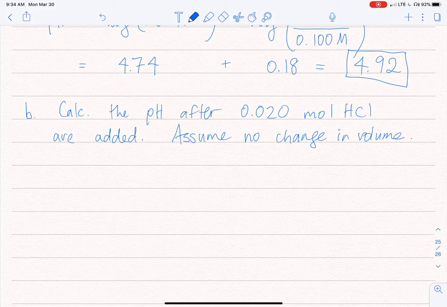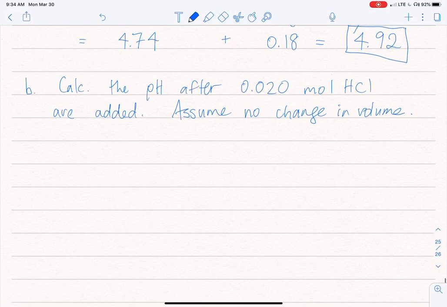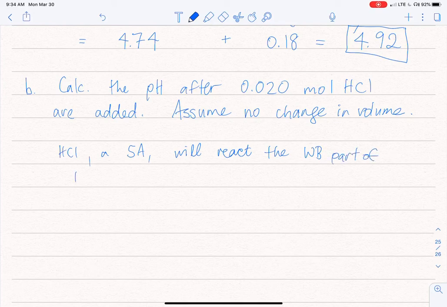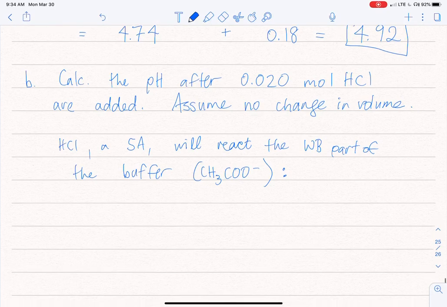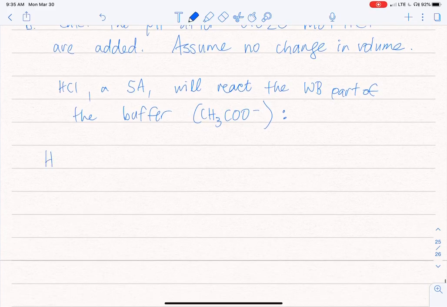Now, what happens when we add HCl? So HCl, of course, is a strong acid. And that is going to react with the base component of the buffer, the weak base part of the buffer, which of course, in this case, is acetate, the conjugate base of acetic acid. Let's write a reaction showing what happens when HCl enters that solution.